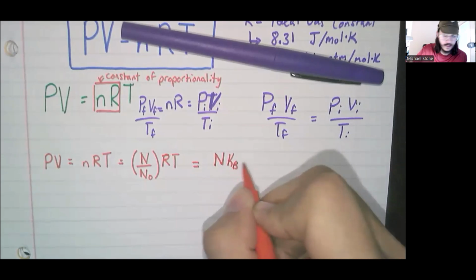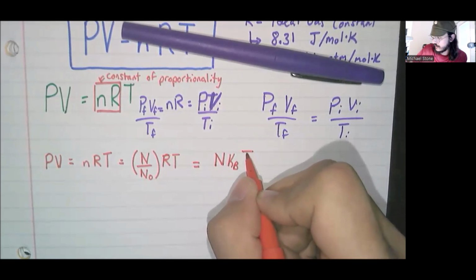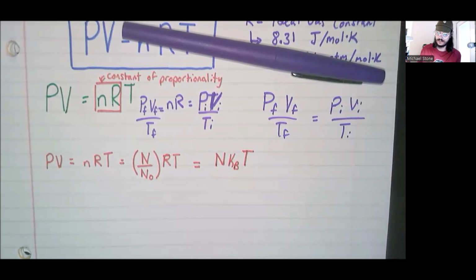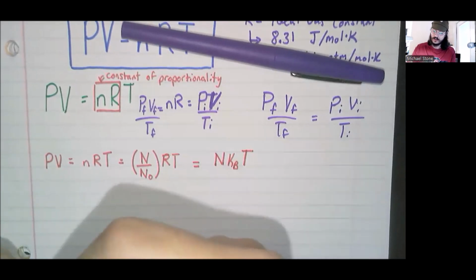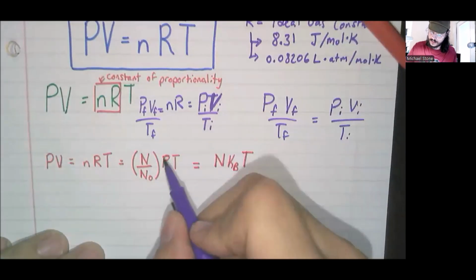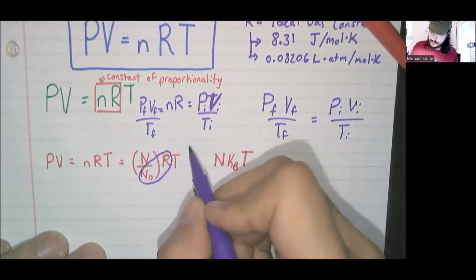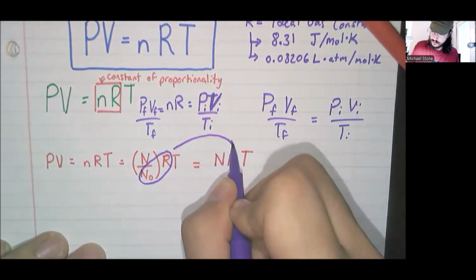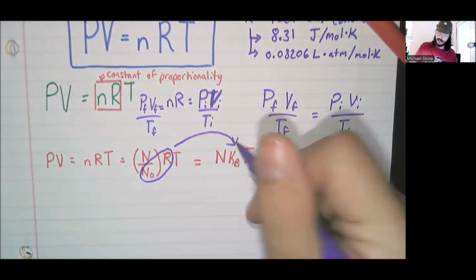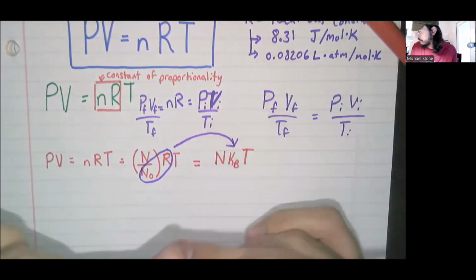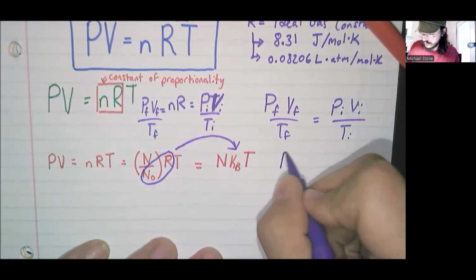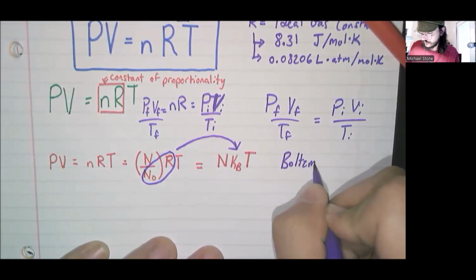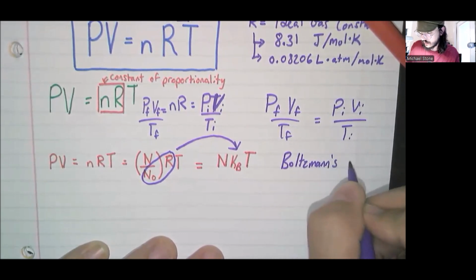Lowercase k, subscript B, for the Boltzmann constant, T. So R over N naught turns into k subscript B, the Boltzmann constant.